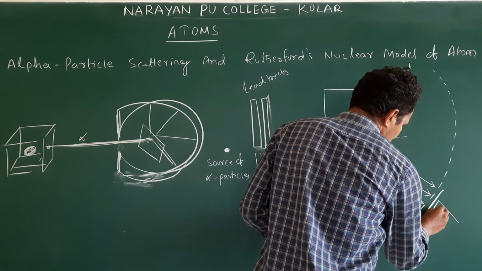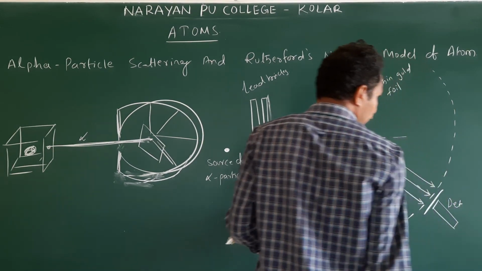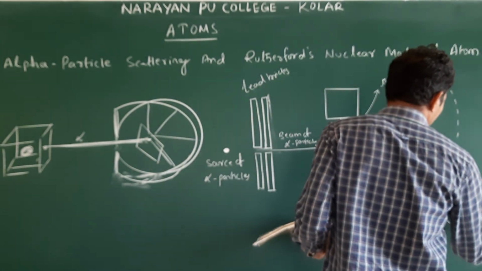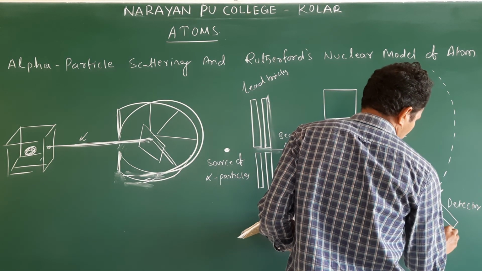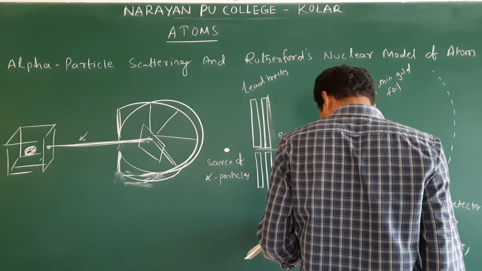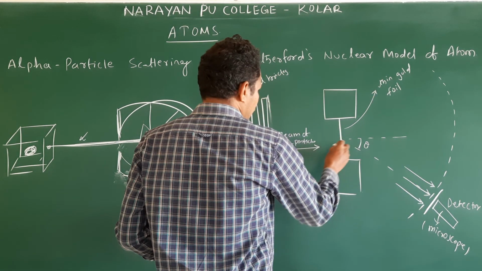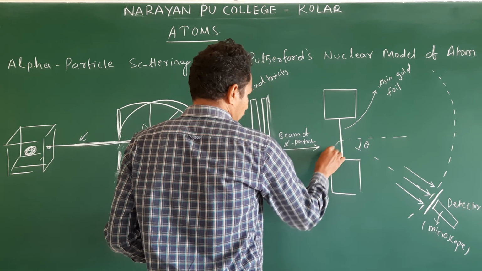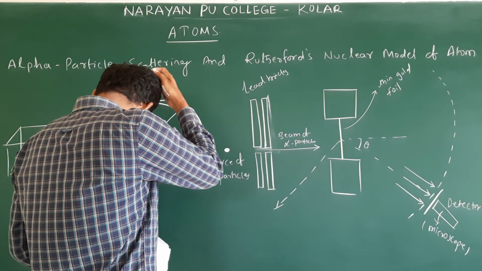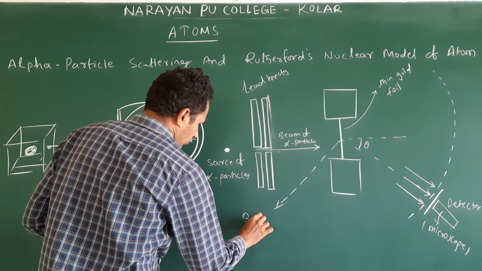Detector and microscope. Detector means, using the microscope only, they detected. Okay, this is the detector, this is the microscope. So these are backward scattering of a very small fraction.